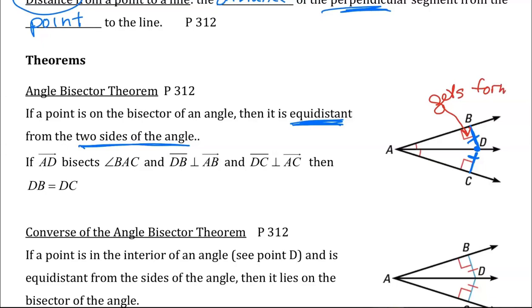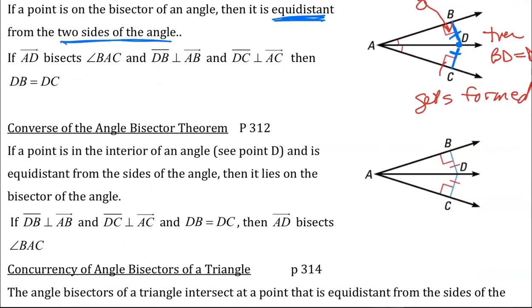If that gets formed and this gets formed, then BD equals DC.